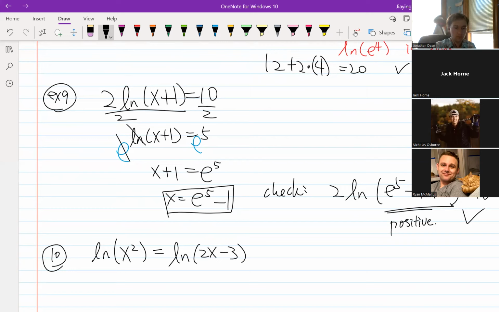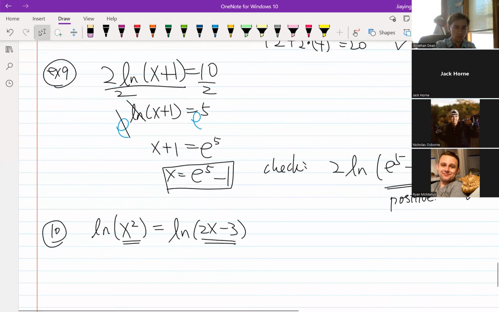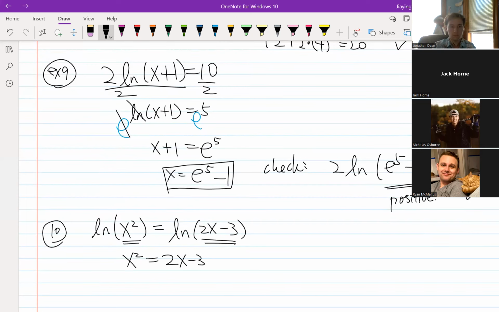Okay, what do we do? Well, if we have a log and nothing else on each side of the equal sign, that means the parentheses parts must be equal. So we get x squared equals 2x minus 3. Oh, wait a minute. Do I want that to be plus 3?